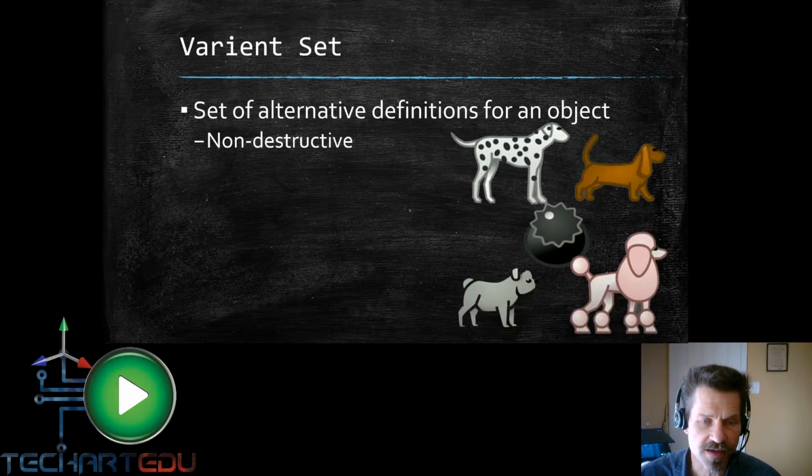Now, a variant set is a component inside of an asset that allows multiple definitions of one object to contribute towards it, and basically turns a USD object into a smart object. It means that it can have multiple modalities, multiple states, multiple variations, and they all can coexist with each other in a very happy way.